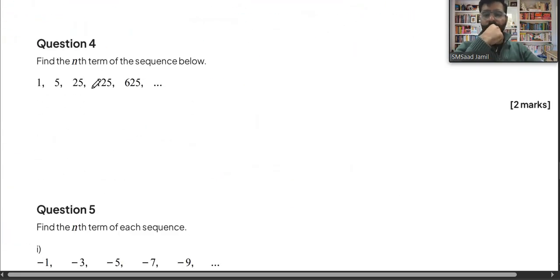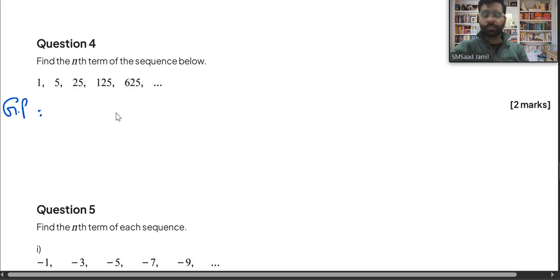Moving on to the next question, says find the nth term of the sequence below. Look, since we do not have the same difference, you can say this is a sequence which is following a particular ratio. So this is called geometric progression, GP.